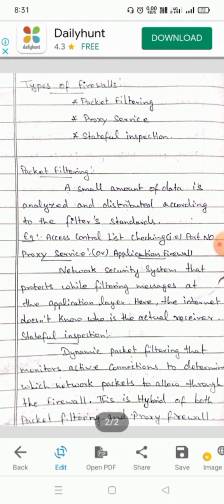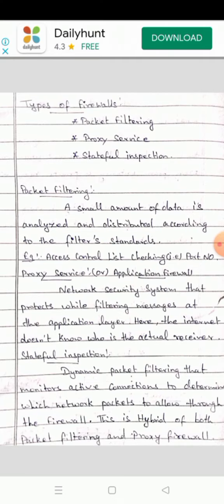The packets are filtered, and the internet also does not know who the network carrying this data is. Both things are filtering, so this is considered a hybrid firewall. These three types are used wherever we need this type of firewall.